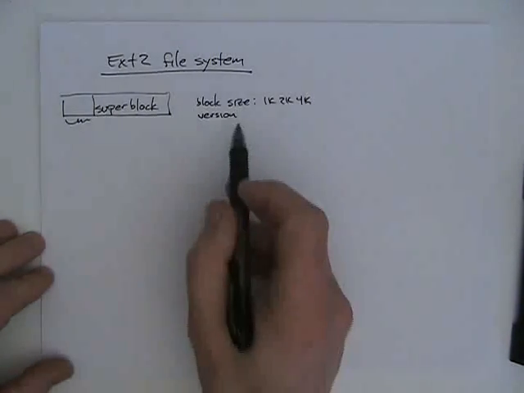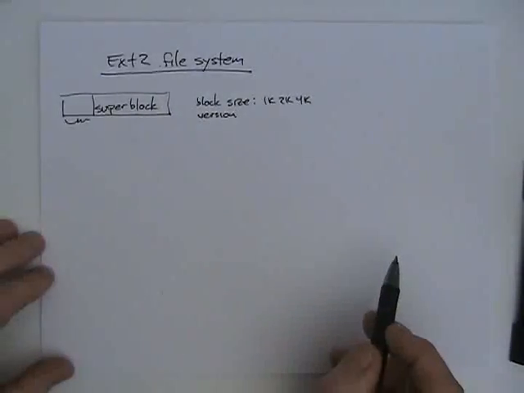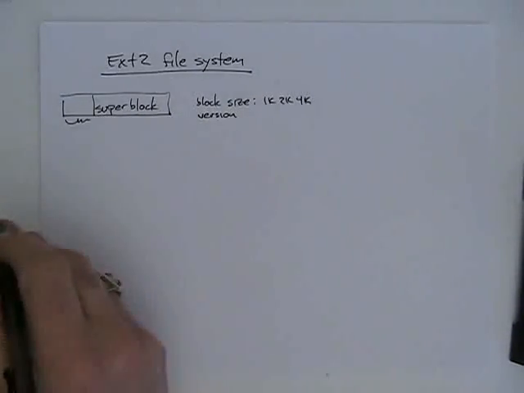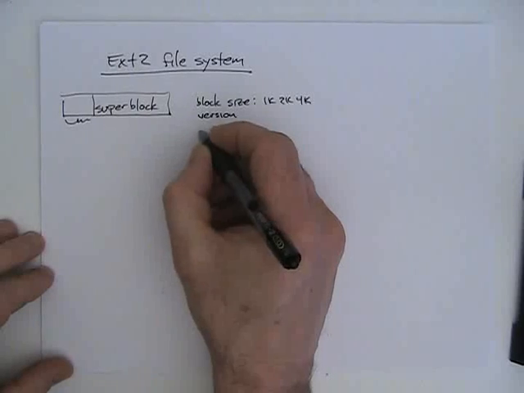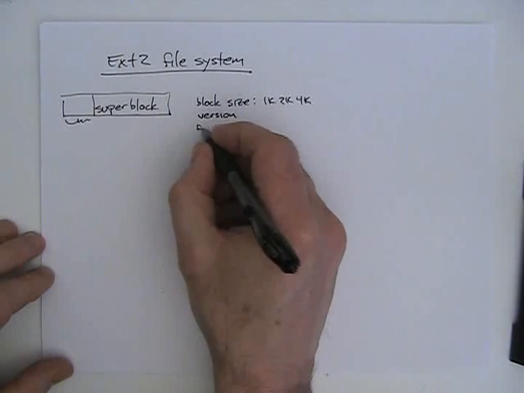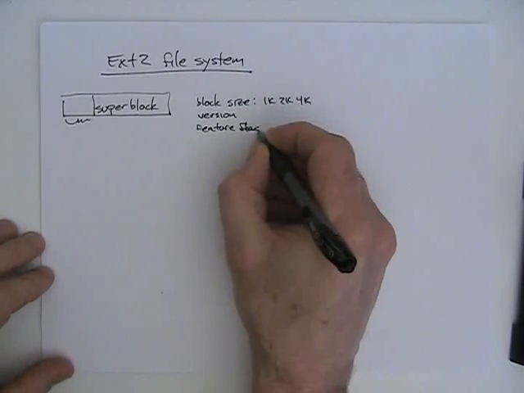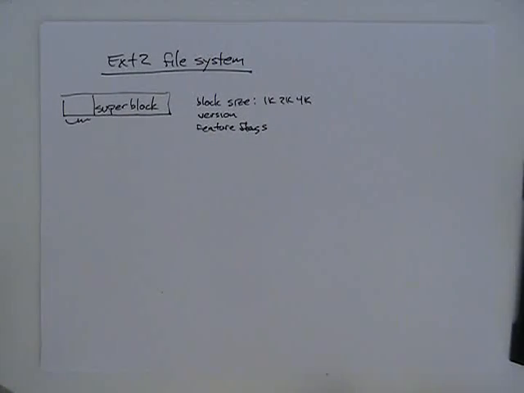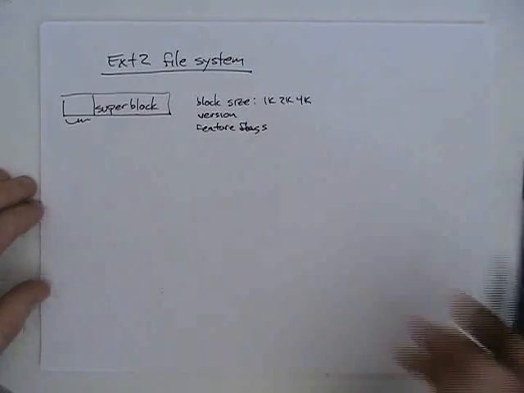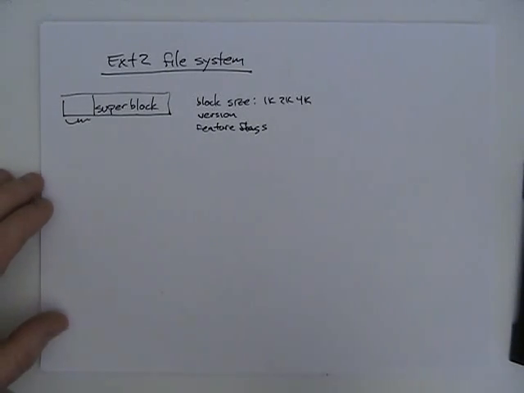This way, a newer version of the code can interpret an older version on disk. Various feature flags. So there's a number of optional characteristics a volume can have. And you flag in the superblock whether those are enabled or not.